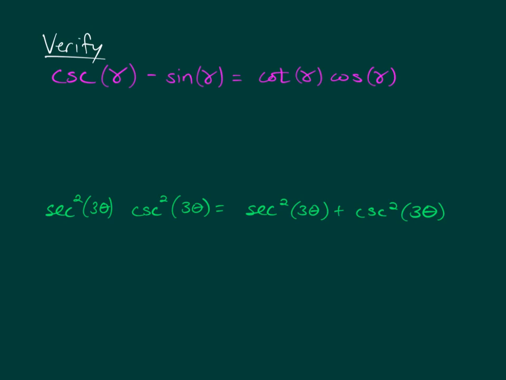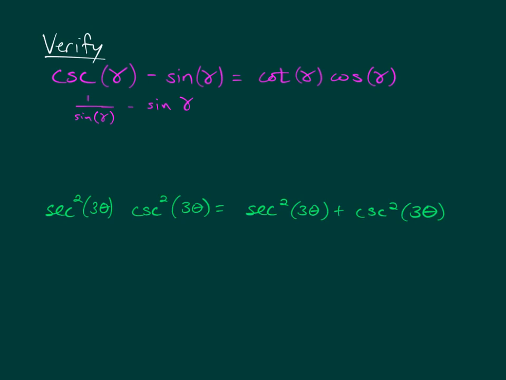What can we do here? Well, let's think. We have 2 terms on the left side, and we have 1 term on the right. I don't see any squares. What can we do here? Well, let's change 1 over cosecant gamma to 1 over sine gamma minus sine gamma.